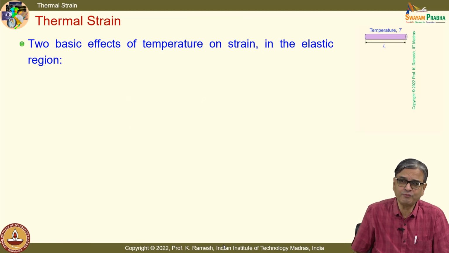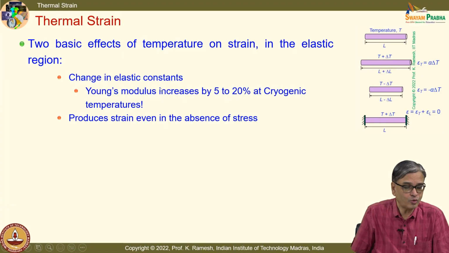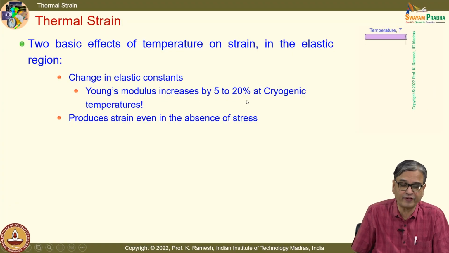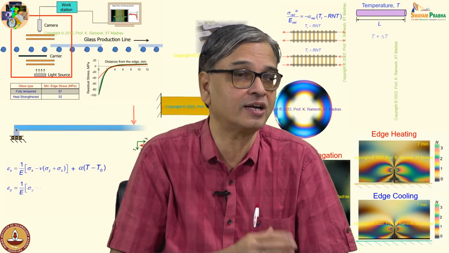And you will also have to look at what are the basic effects of temperature on strain. There could be a change in elastic constants, and you know Young's modulus increases by 5 to 20% at cryogenic temperatures. I have told you earlier, it is very difficult to change Young's modulus.